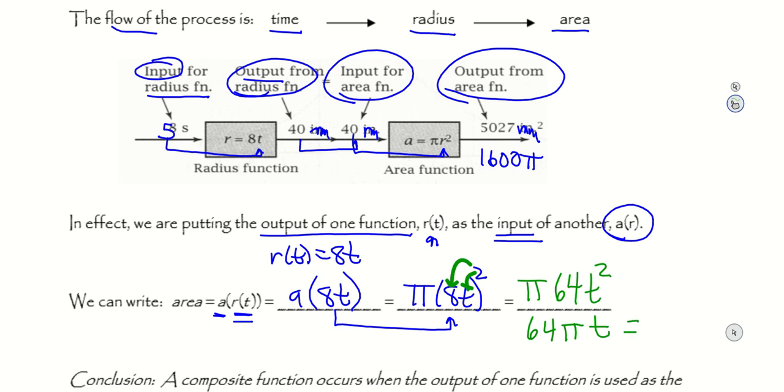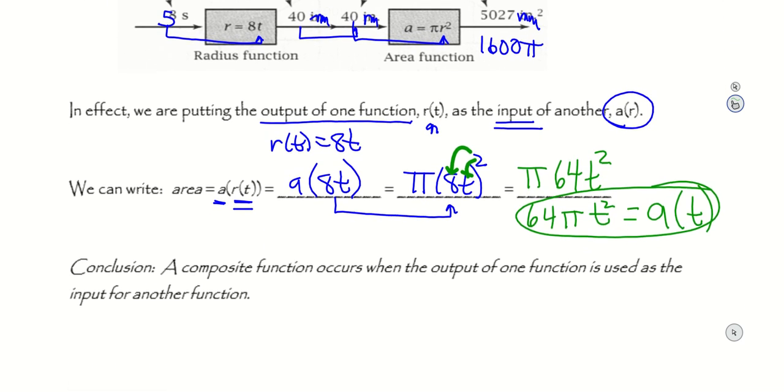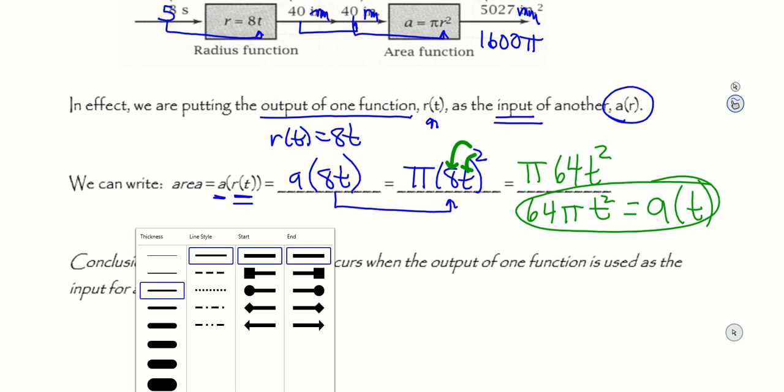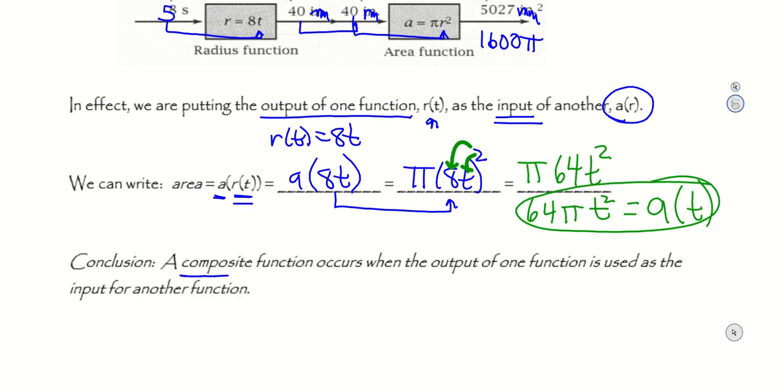This is a function for area using t as our variable. So here's the main point that I want you to get from this. A composite function happens when the output of one function is used as the input for another function.